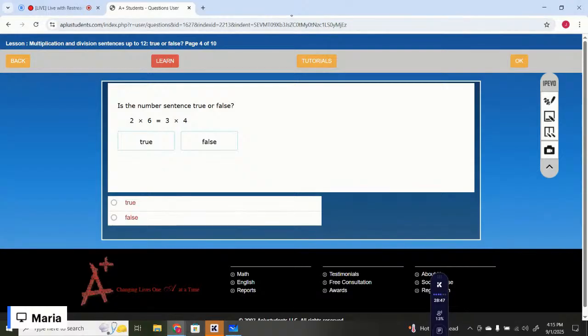Is the number sentence true or false? True it is because 2 times 6 is 12 and 3 times 4 is 12. So that is true.